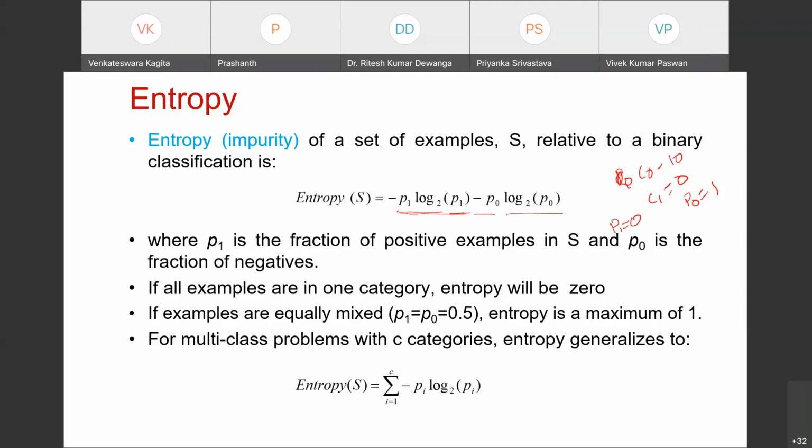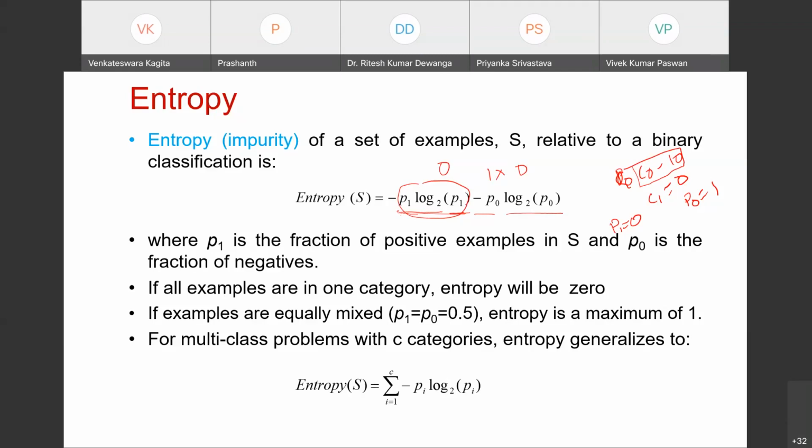So if I substitute them in this, P1 times log P1 is 0, P0 times log 1 is 0. So the total thing is 0. Which means what? When all the instances belong to one class, it means when the node is very pure, the entropy is giving 0, because it means impurity is 0. Because entropy is a measure of impurity, entropy is 0 when all the instances belong to one category.